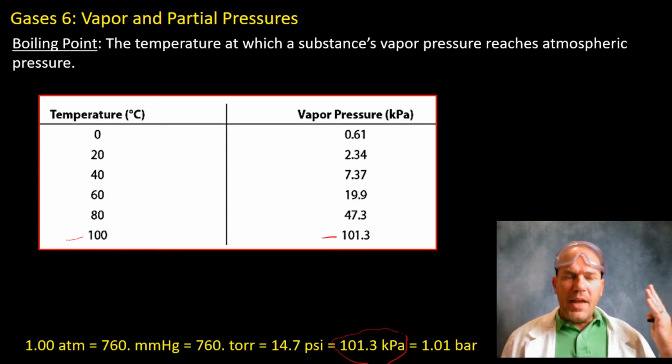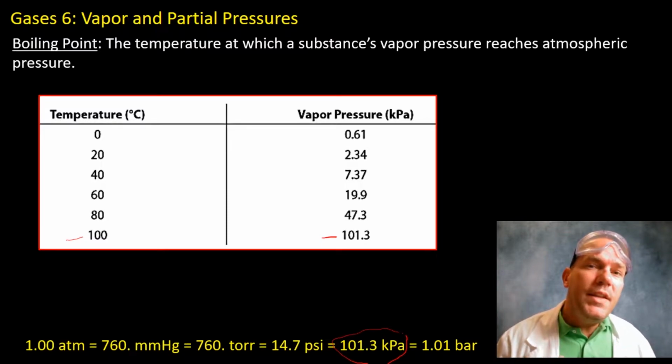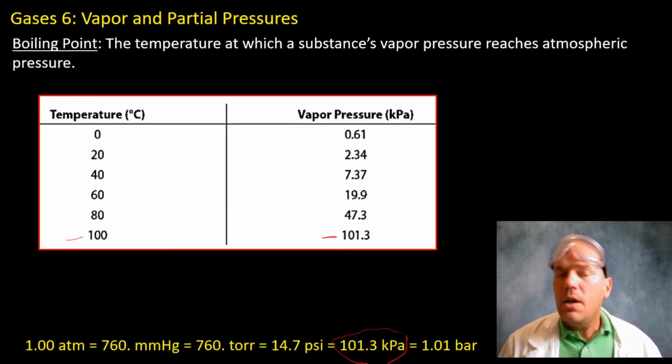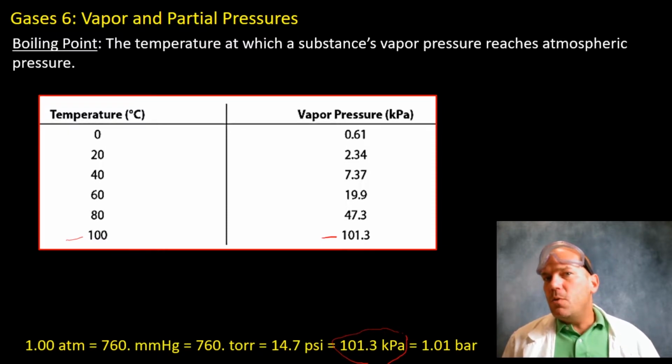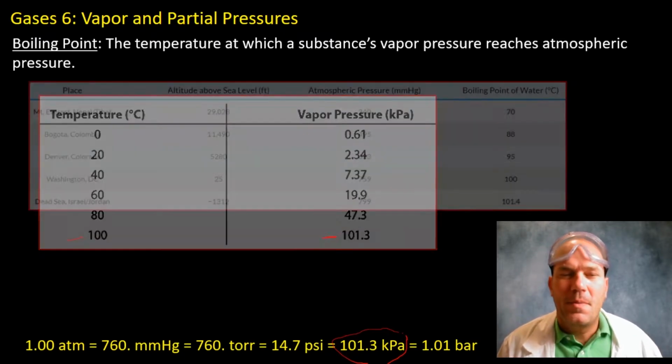So at this temperature of 100 degrees Celsius, which we know at sea level is the boiling point of water, well, that equals a vapor pressure that is equal to the pressure at STP.